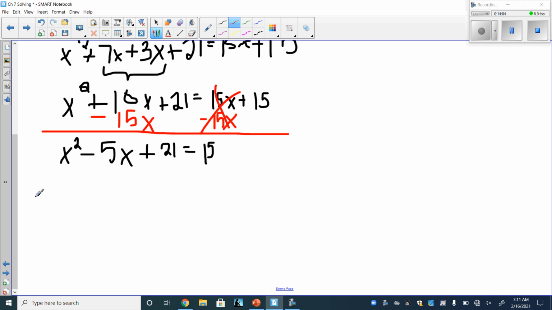Now we've almost got everything on the same side. We've got one more thing we need to move, and that would be the 15. So we're going to subtract 15 from both sides.